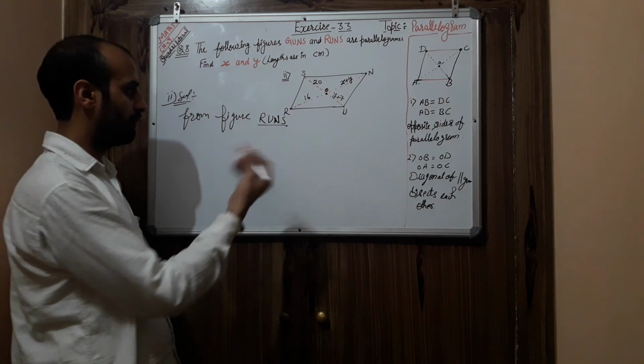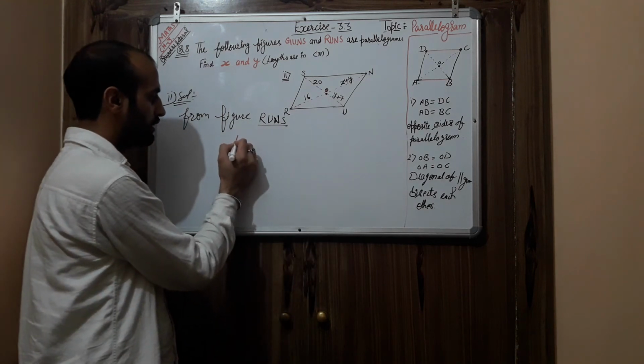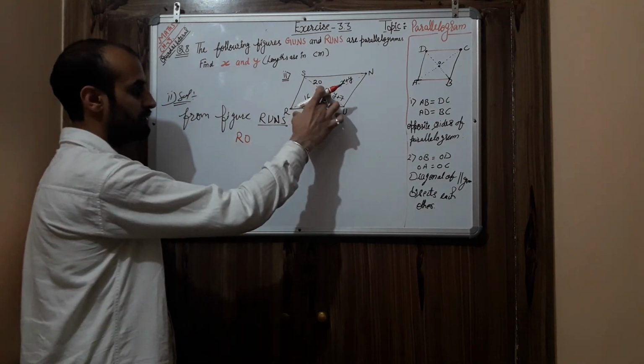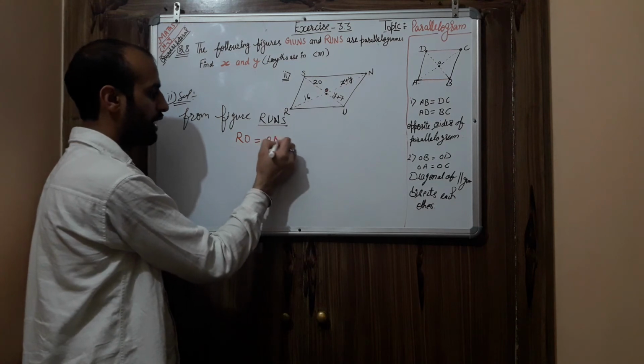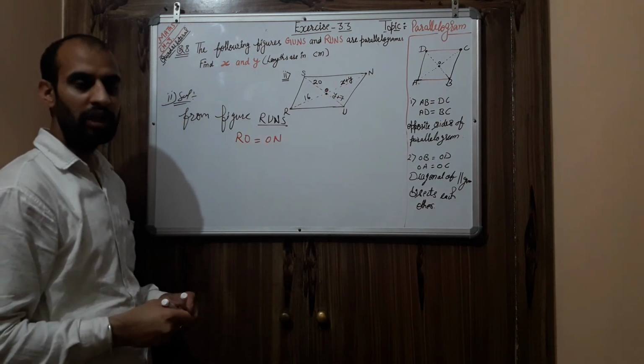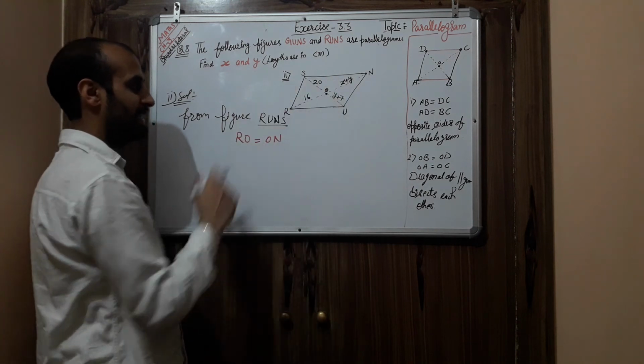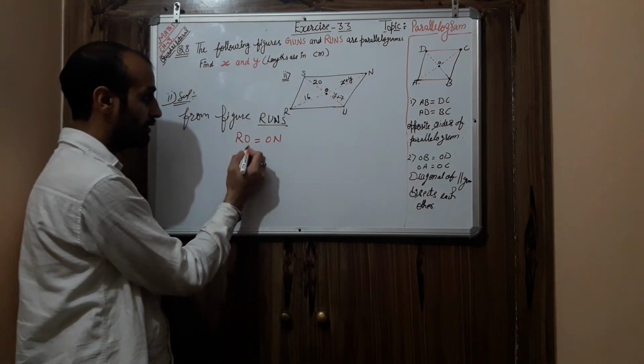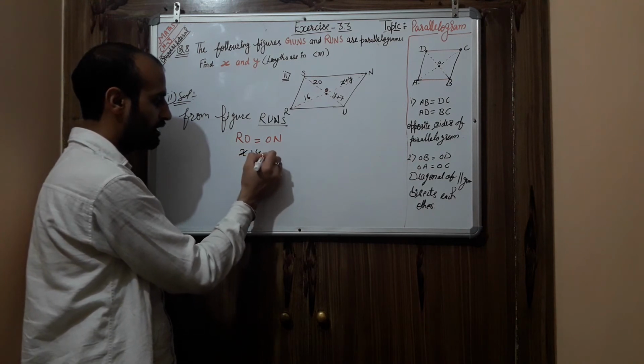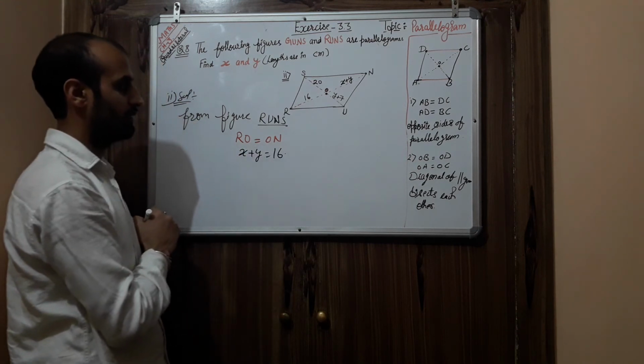We can write first RO, this piece, RO is equal to ON. Which property am I talking about? I am talking about the diagonals of a parallelogram bisect each other. That means x plus y must be equal to 16.